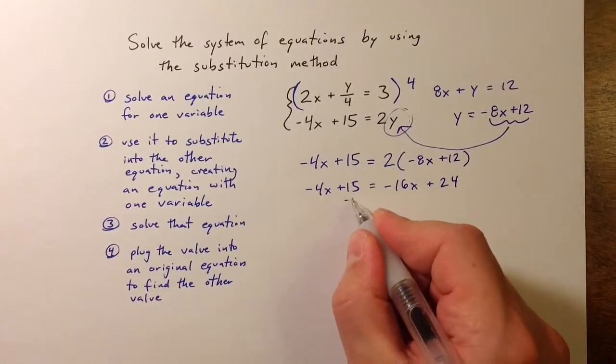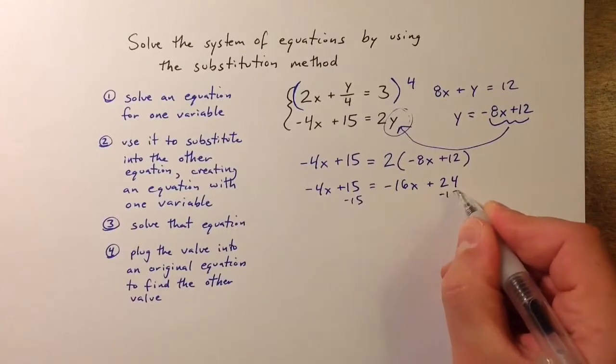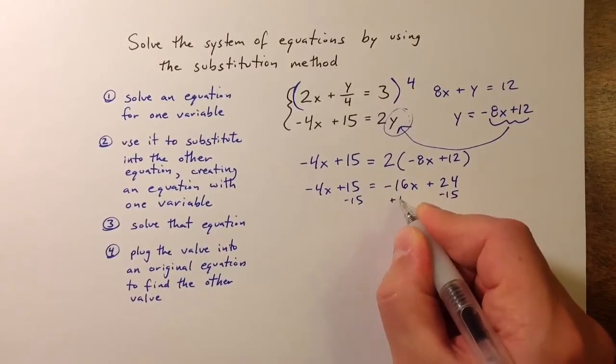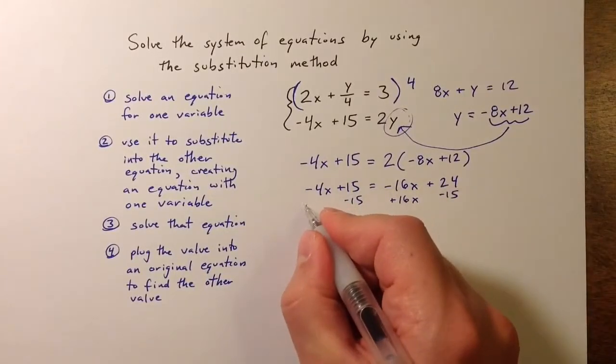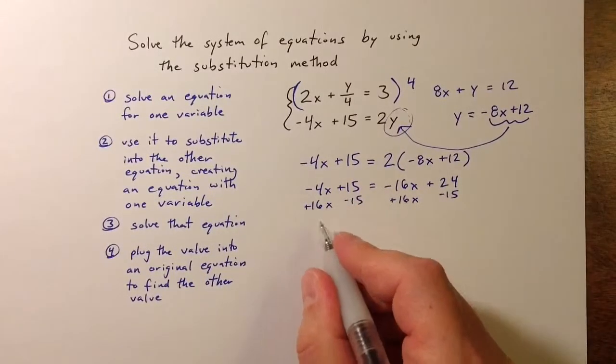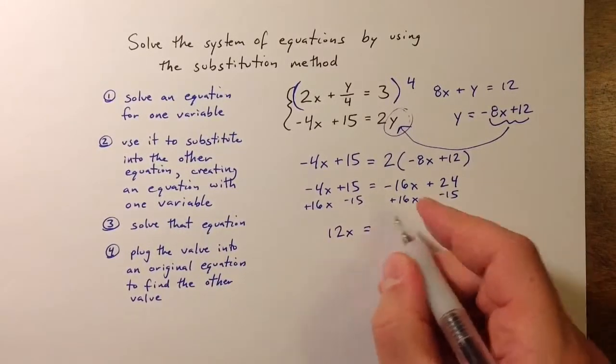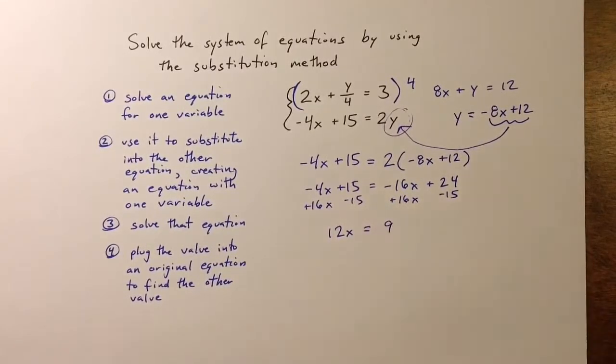If I subtract 15 from both sides, I can combine the numbers. If I add 16x to both sides, I end up with a positive 12x equaling a positive 9.